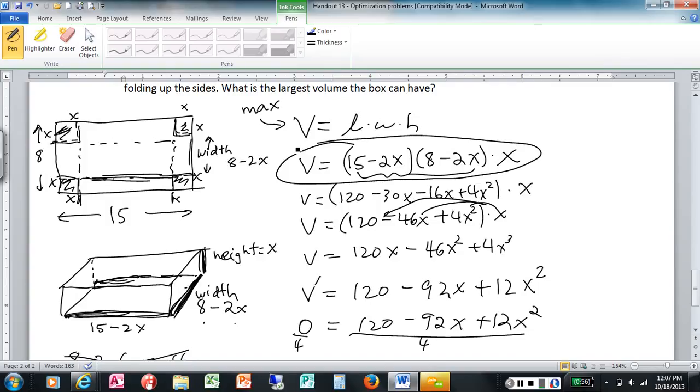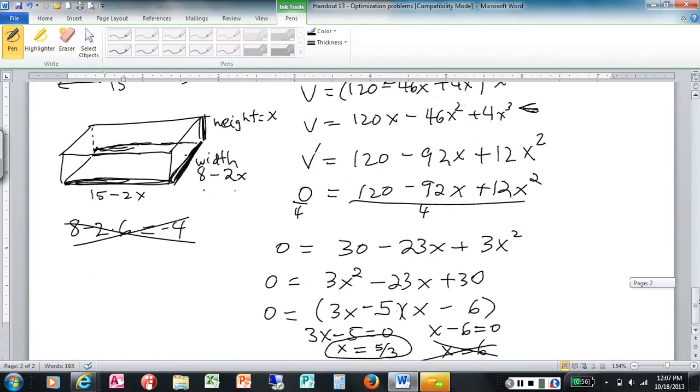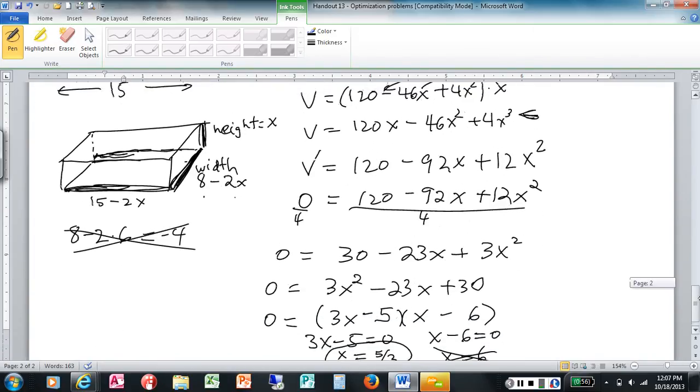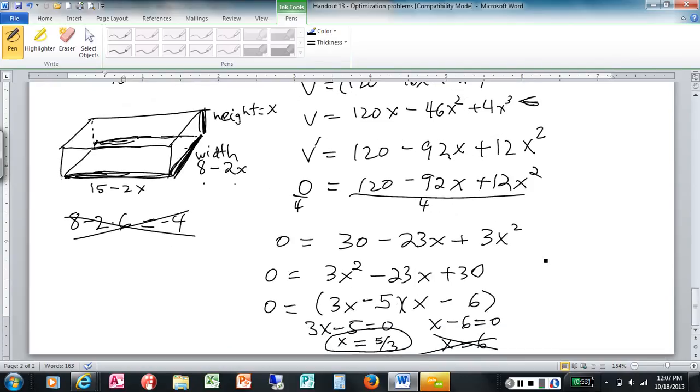Well, I guess I could plug it in either place you want to. If you want to do length times width times height, you can go to that one, or you could plug it in here too. So for the maximum volume, plug in x to be 5/3.